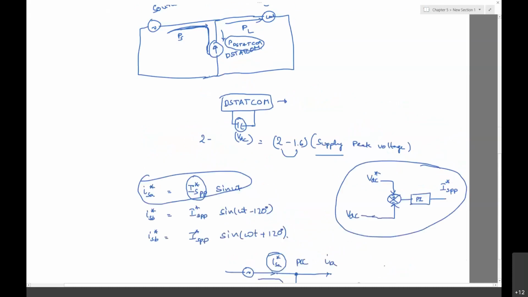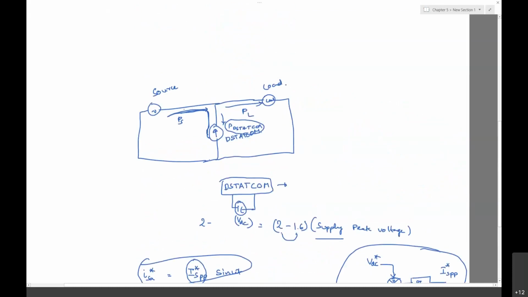This is one of the control algorithms. Some of the background I was explaining is that the source supplies the average power required by the load and by the D-STATCOM.